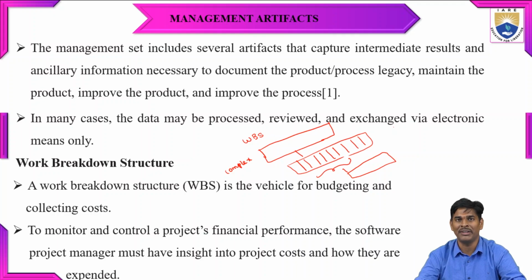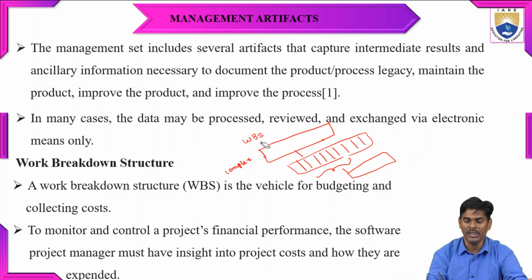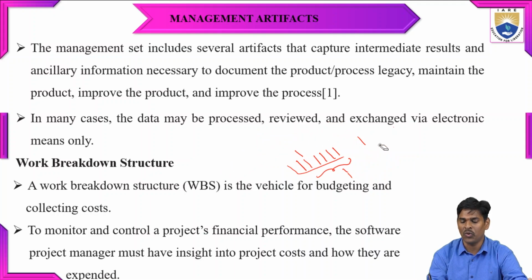The models are divided into small modules, and after each module is executed and completed, they are clubbed as a single one. This is very easy when clubbed into a unit module, so that they can have the budget and the cost within the software project.